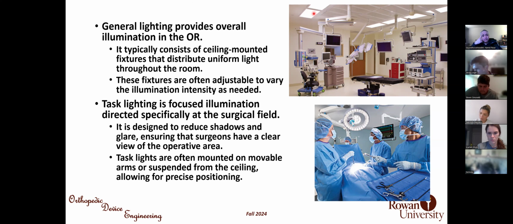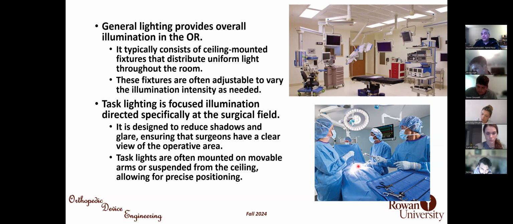But you have a task lighting or focused lighting, as you see here, this one. This is for performing the surgery because it focuses on the surgical site, and it doesn't produce any shadow from the head or body of the surgeons and the personnel.